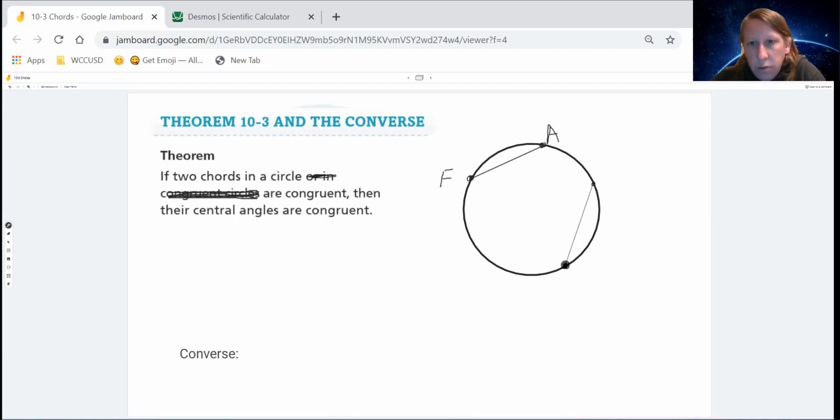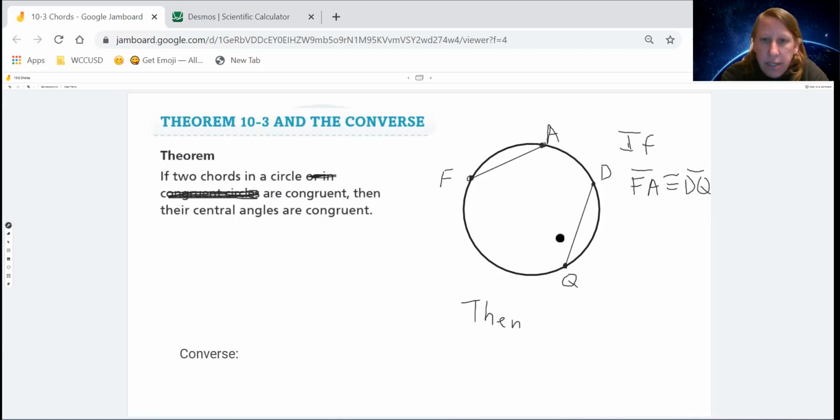I'll call this chord DQ. If chord FA is congruent to chord DQ, then what does this theorem say?